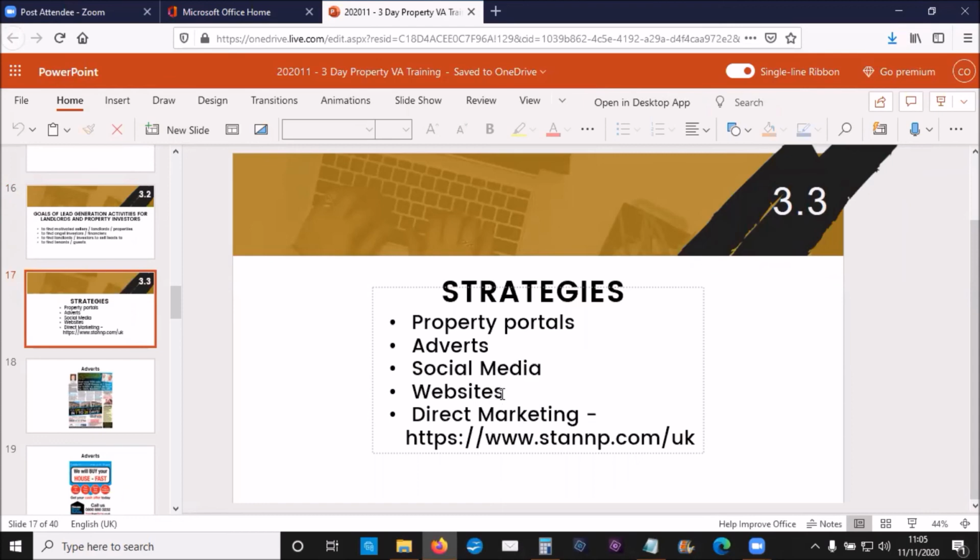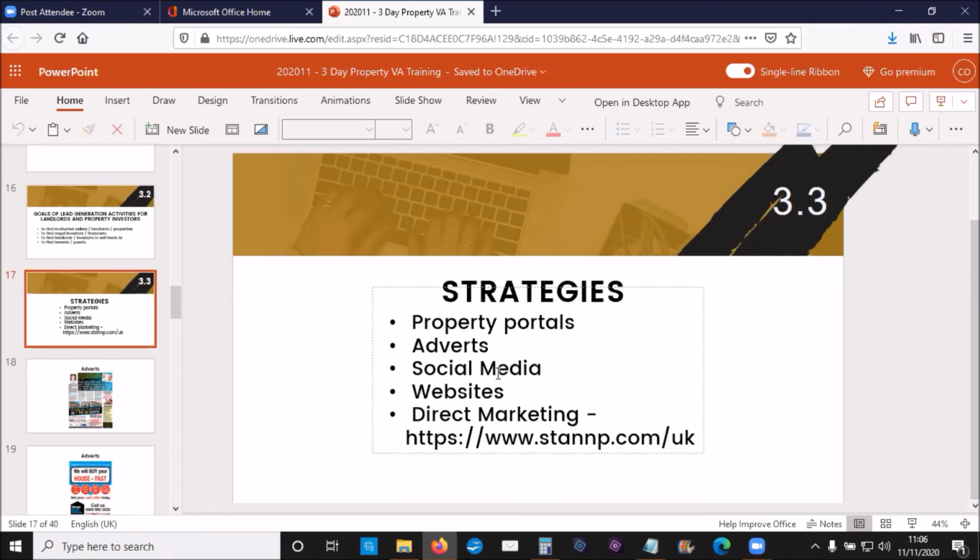And your role there as a VA for these kinds of businesses might be to help run ad campaigns, to gather data of people filling in forms on the website. And maybe if you've got the skills for it, you might also be helping landlords manage and update their web pages.